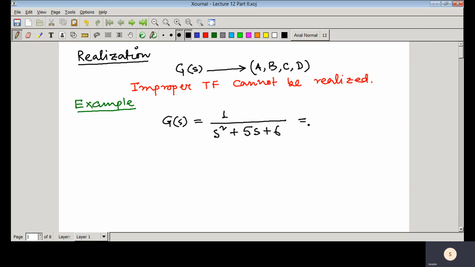As we know, the transfer function is output by input. So from here we can write that (s square plus 5s plus 6) Y(s) equal to U(s). We have just multiplied.